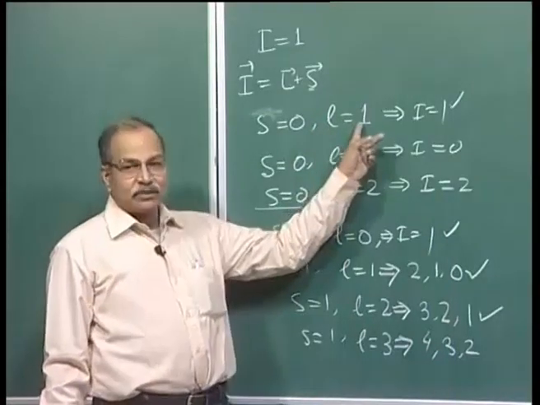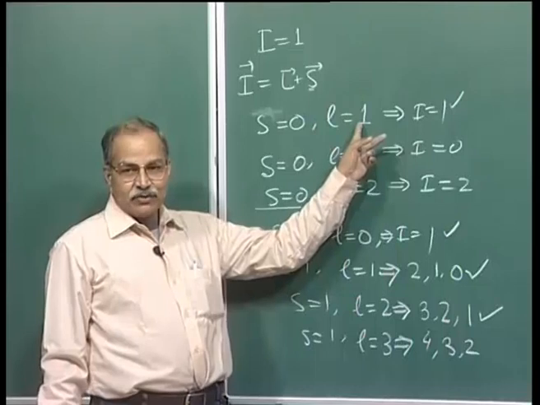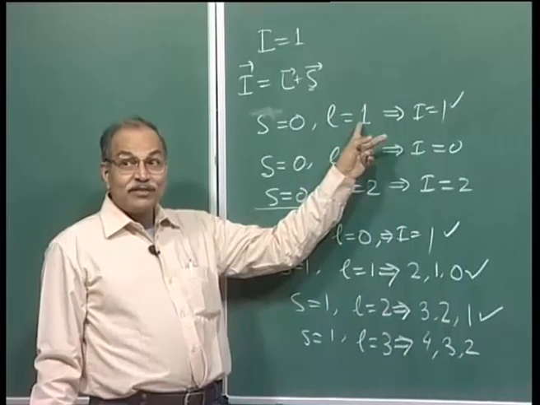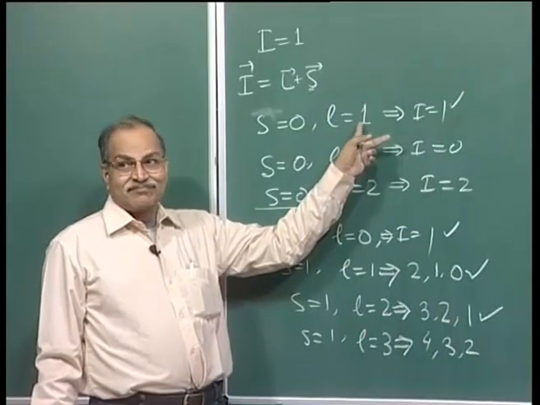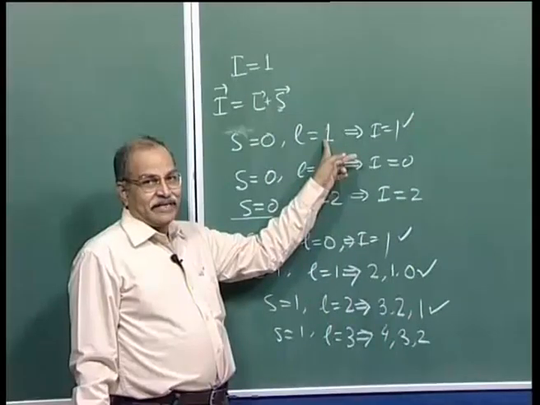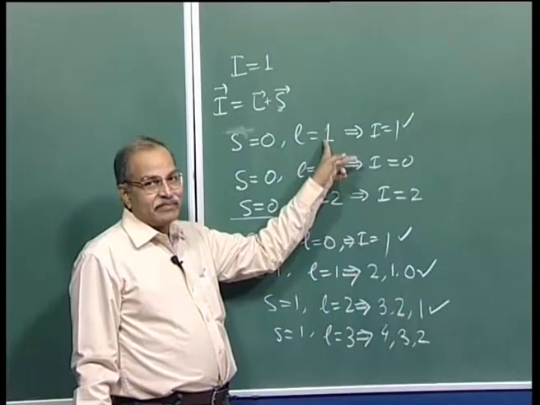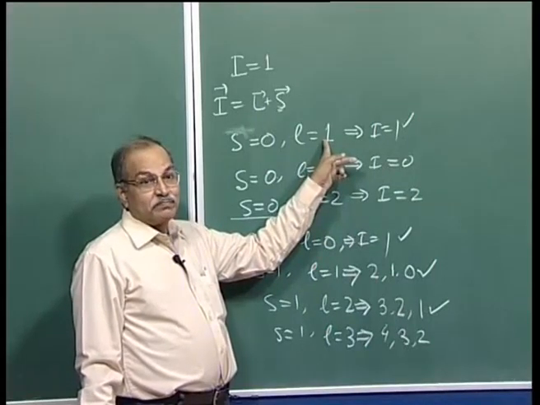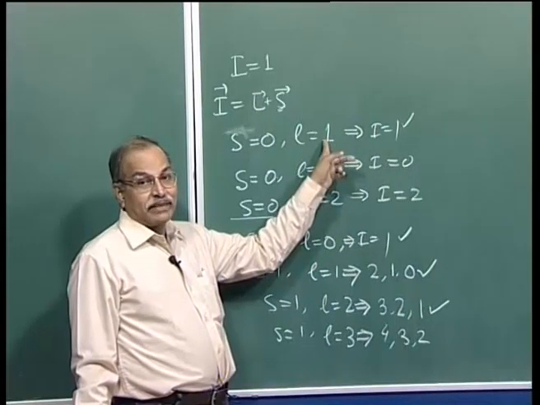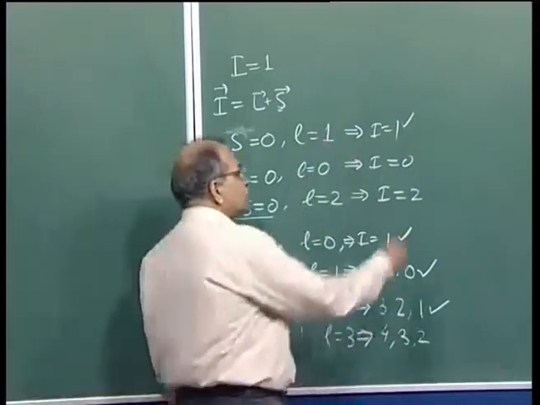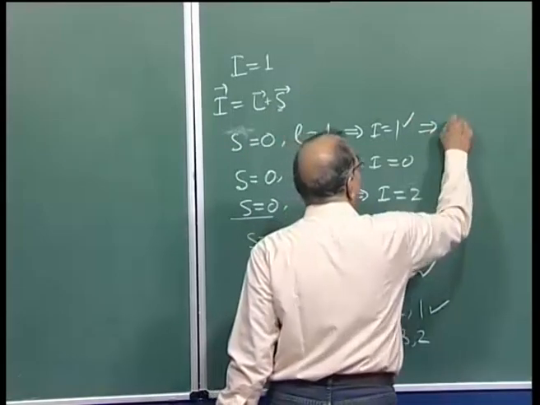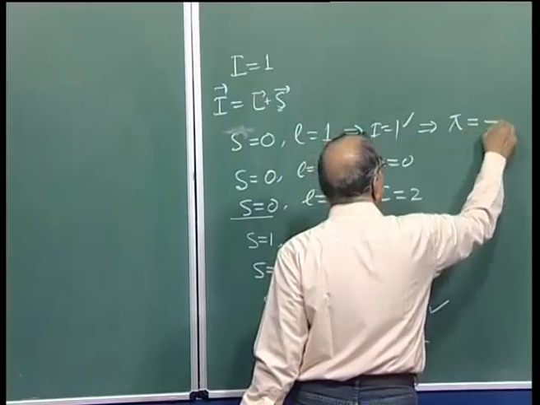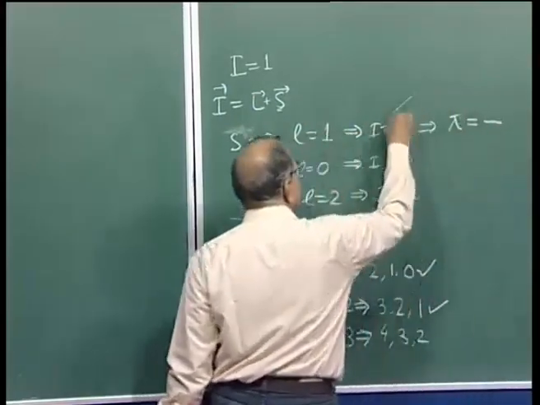Here L is equal to 1, right, but then L equal to 1 will give you an odd parity. And Deuteron parity is again an experimentally measured quantity, and that is plus. Deuteron parity is plus. So, since this will give you pi equal to negative, this is out.